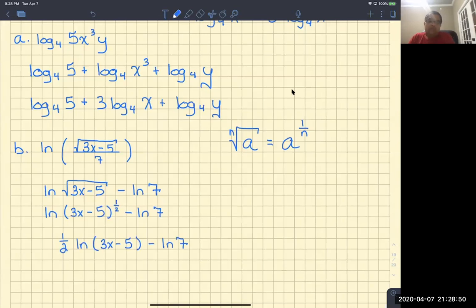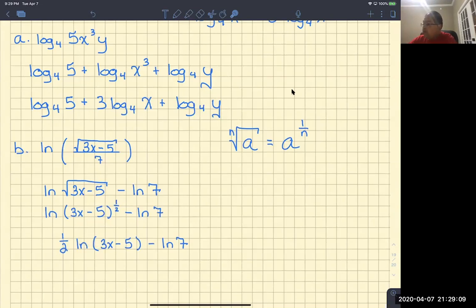Now, the next question is, is there anything else for me to expand? Some of you will say, well, wait a minute, I got a 3x here. That's 3 times x. But there's a problem. I can't distribute the natural log.